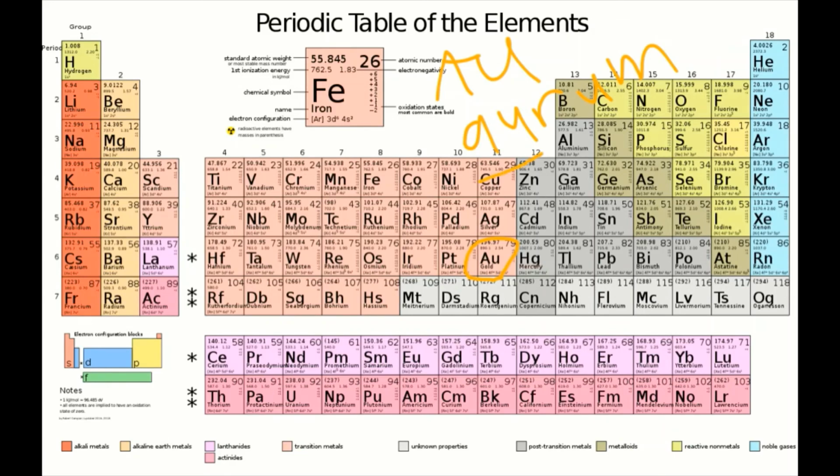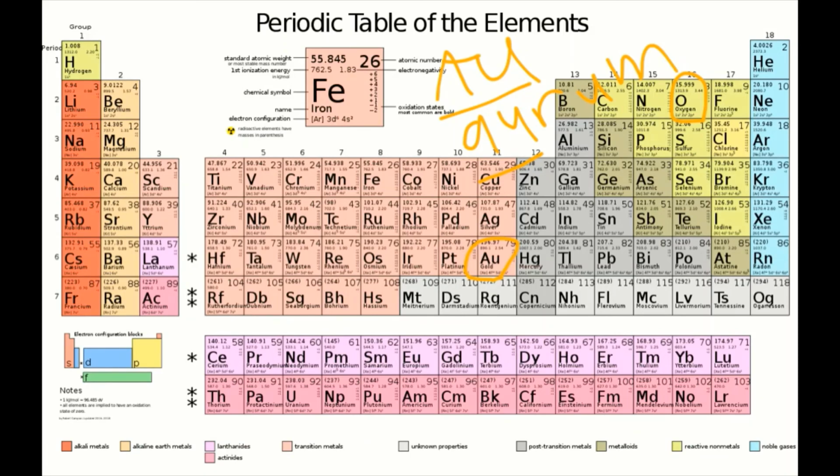So Au from here goes here, and now it's obvious. Meanwhile, other elements like oxygen have intuitive chemical symbols. So oxygen is O because oxygen starts with the letter O. So most of these chemical symbols are intuitive, except for a few.